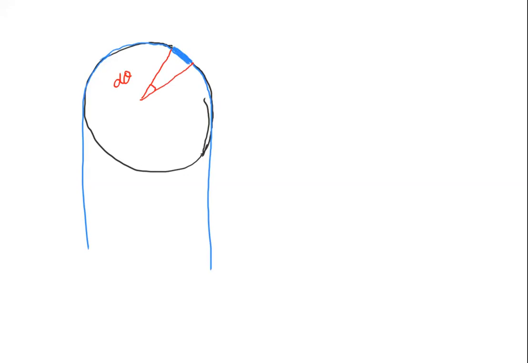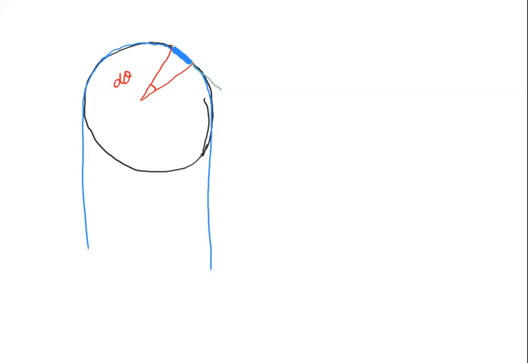So this is the portion of the string that I am talking about. Now I am saying that look, there is friction here. There is friction on the pulley. So what are the forces acting on this teeny tiny bit of rope?